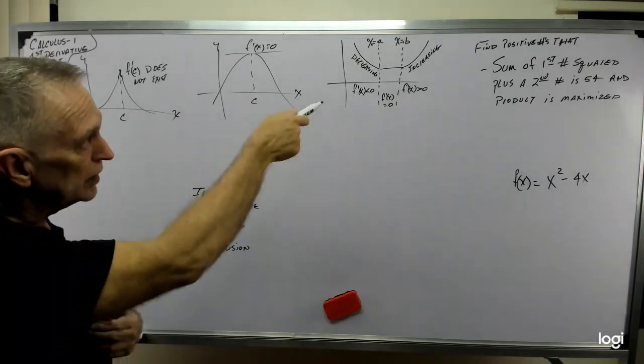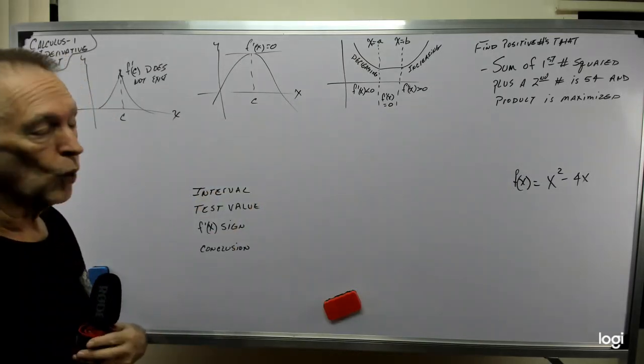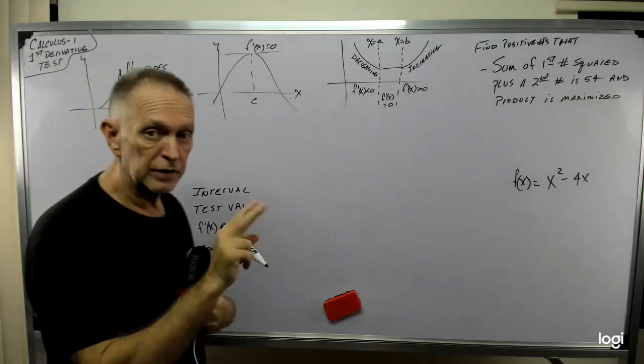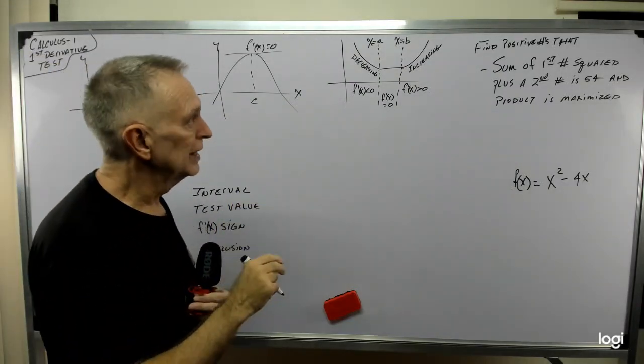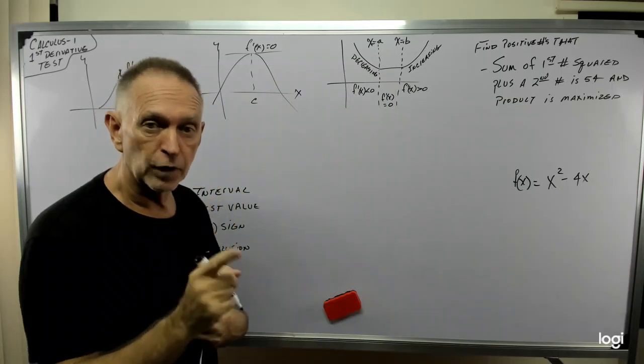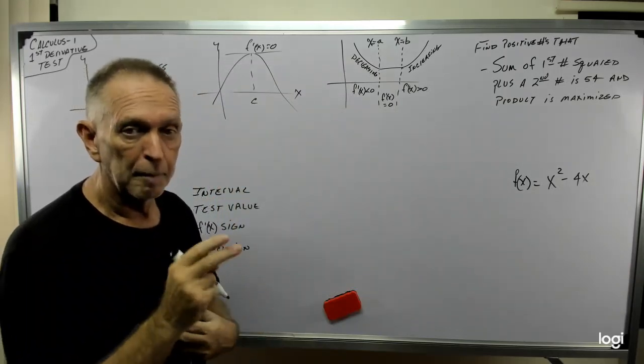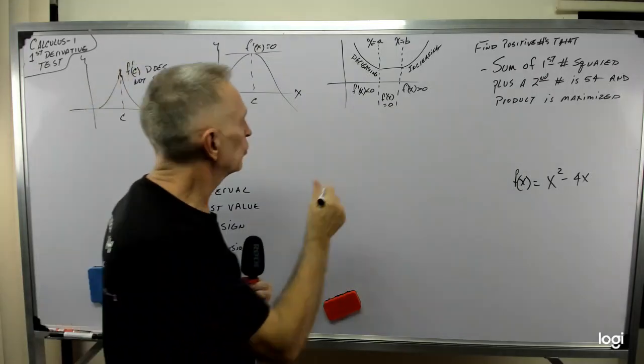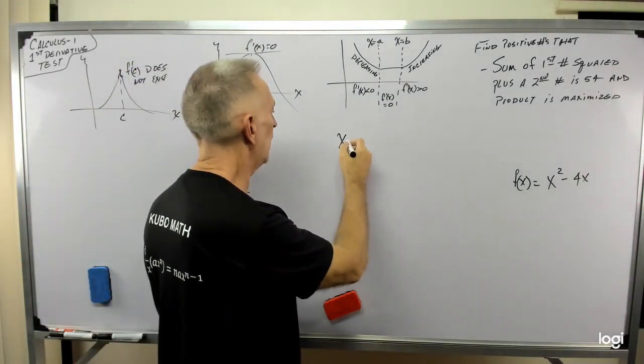All right, you'll see the problem in the upper right corner. It says find two positive numbers such that the sum of the first number squared plus the second number equals 54, and the product of those is maximized. So we'll let my first number equal x.